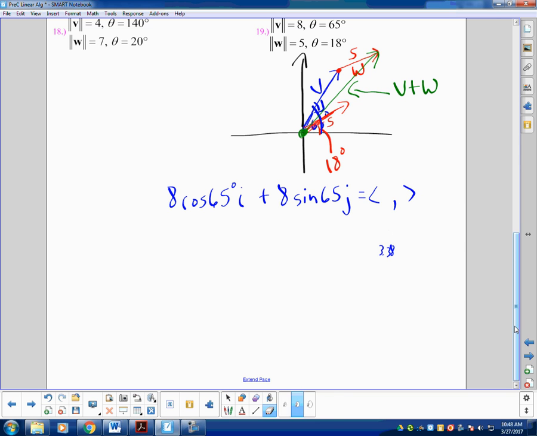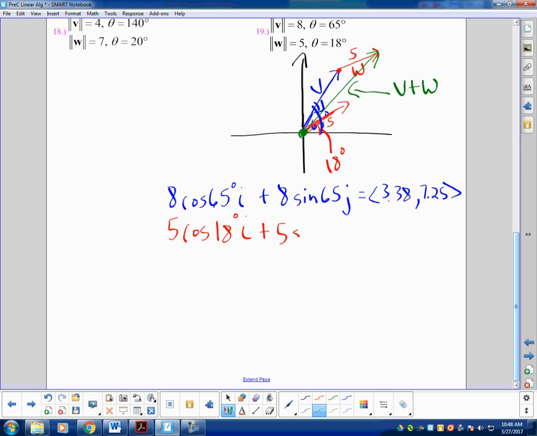3.38 is correct. That's what I got too. 3.38, comma, and what's the next one? 8 sine of 65. 7.25, good. And then we're going to do our next vector in red there. That was the 5 cosine 18 degrees i plus 5 sine 18 degrees j.